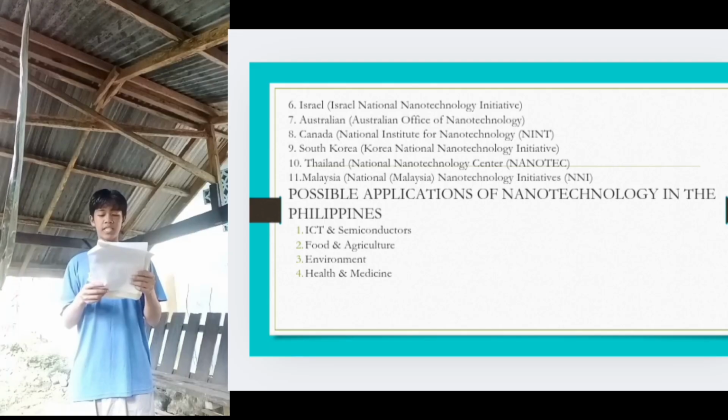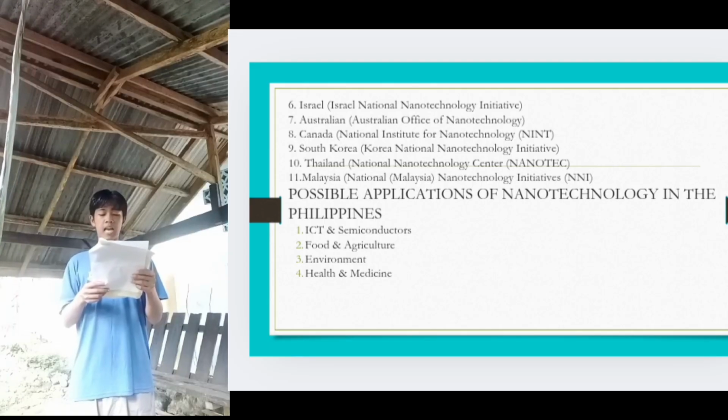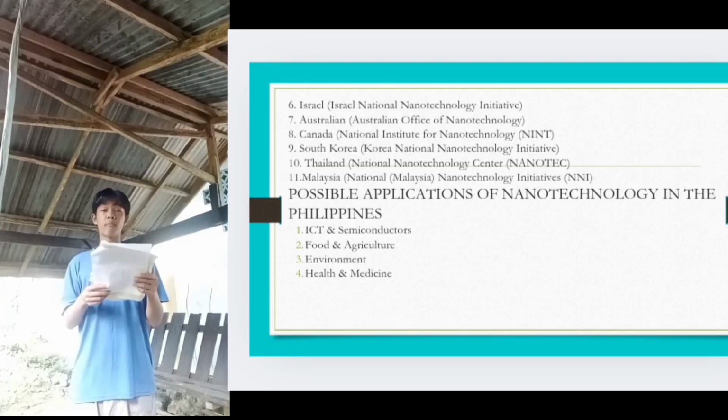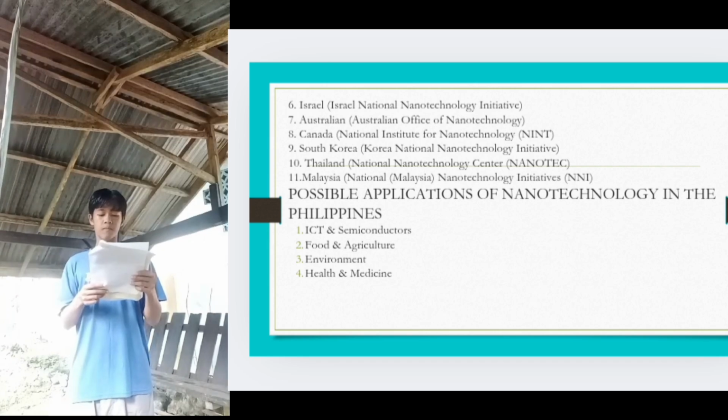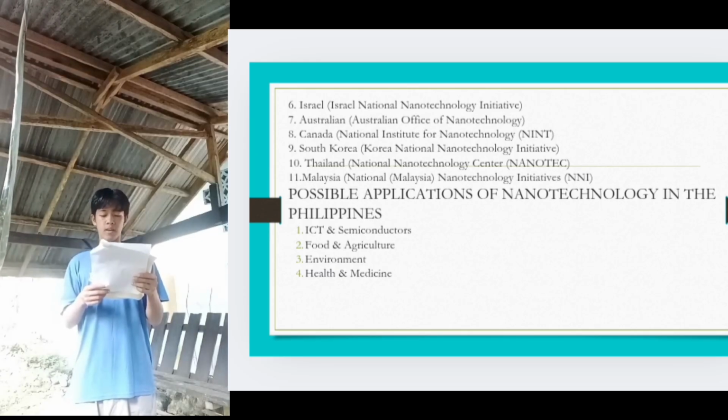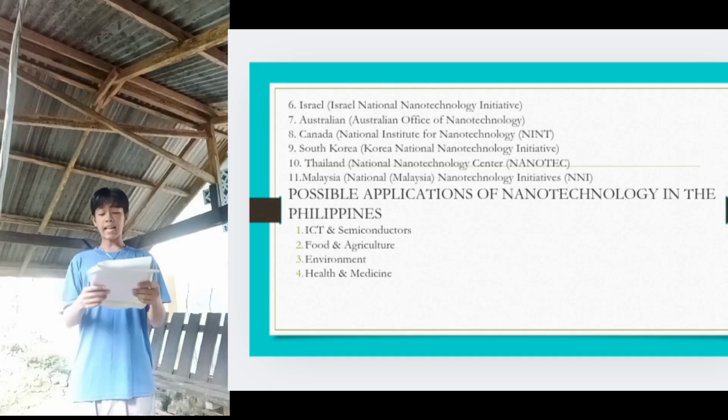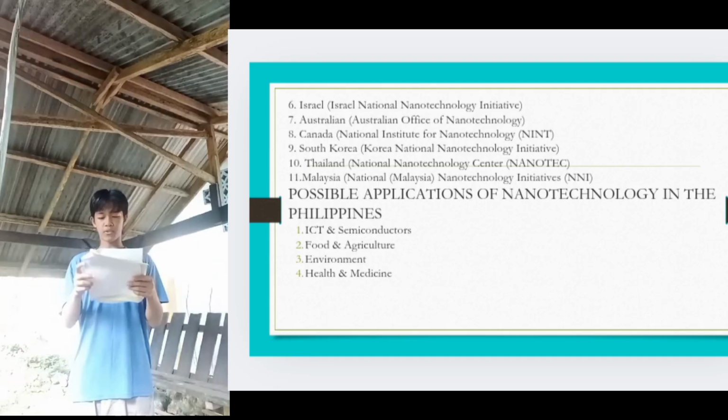Australia encourages nanotech use in healthcare and environment protection. Example, creating nanoparticles that remove toxins from water or soil. Next one is Canada. Canada focuses on nanotech in medicine and manufacturing.